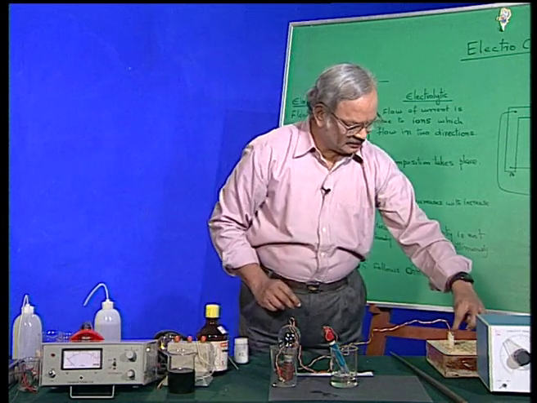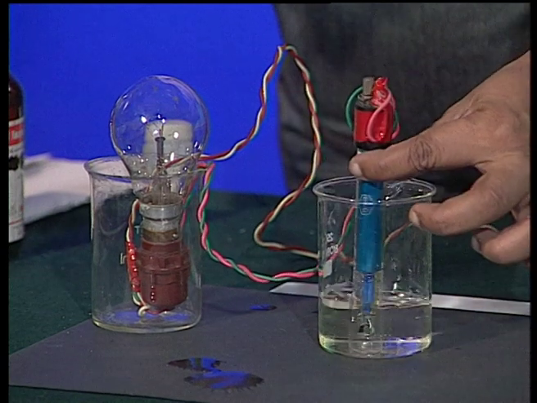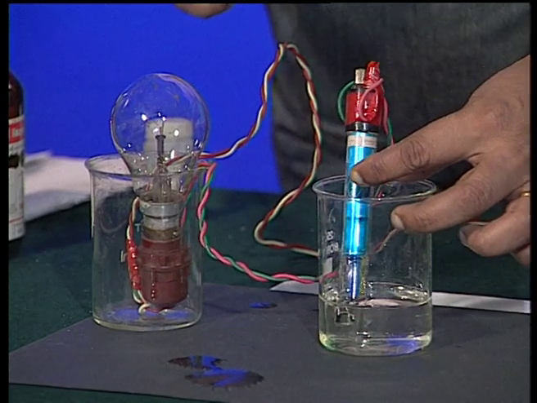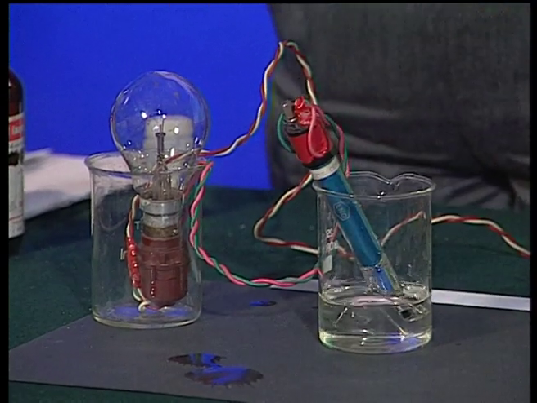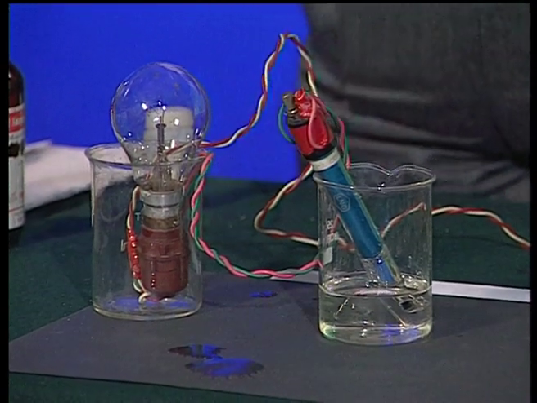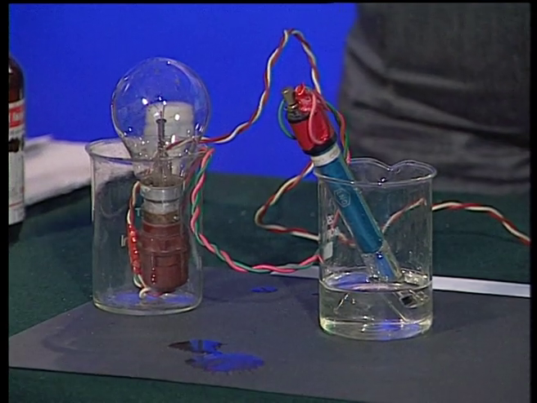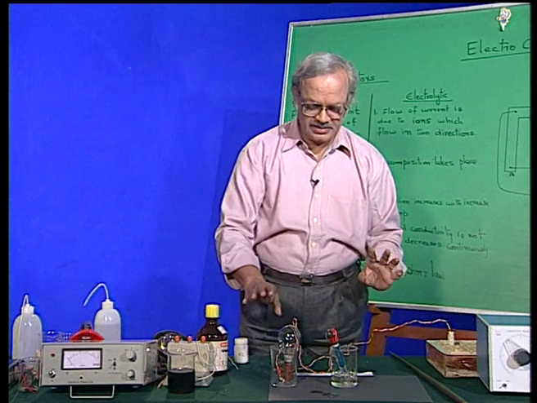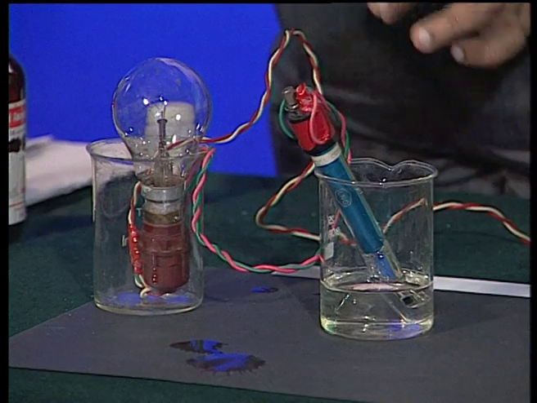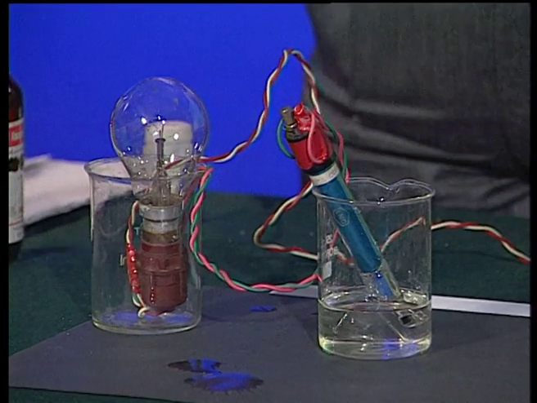Switch on this, and try to place this electrode inside this. Right now there is no glow in this bulb. Okay. I switched on this, there is electricity passing through this, and there is liquid here, and if there were some contact, we should have had some electricity passing through this bulb.